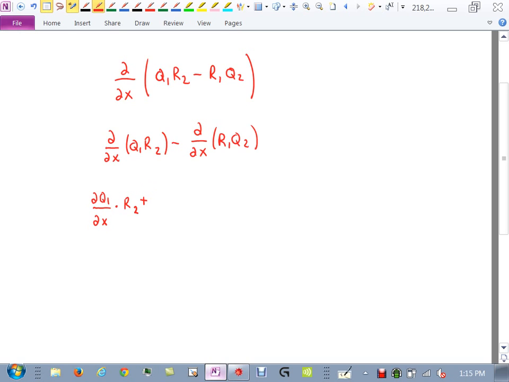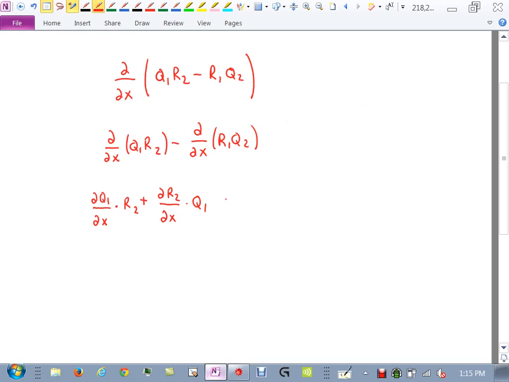Then partial of R2 with respect to x, times Q1. You see that? I changed it up here; I had messed up right here. And now I do this one, and that's another product rule.